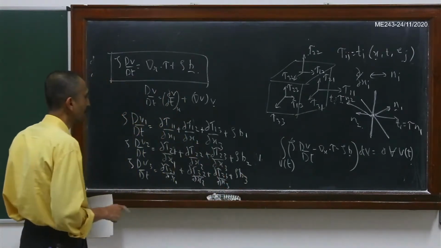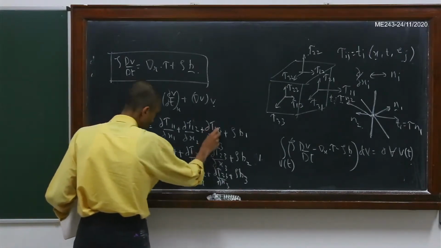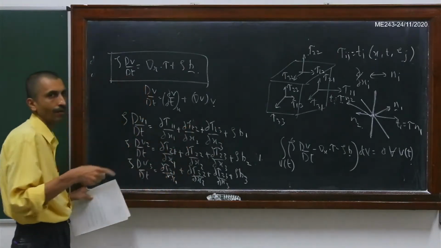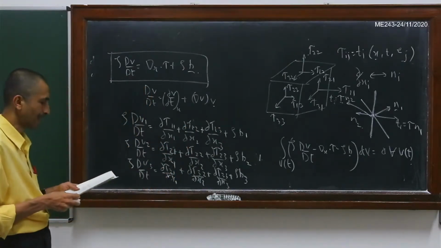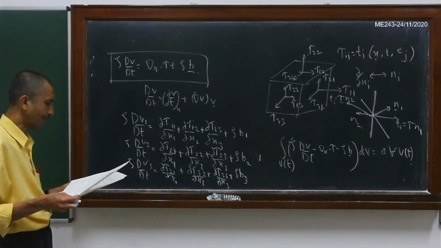Here, as you can see, I am not assuming that tau31 is the same as tau13, and similarly I am not assuming tau21 is the same as tau12, but they will all come out to be the same when we write the balance of angular momentum.